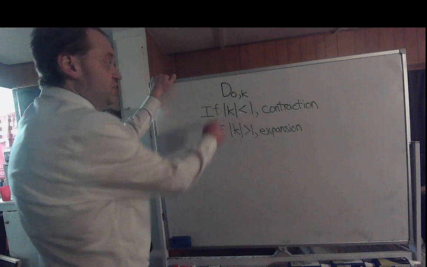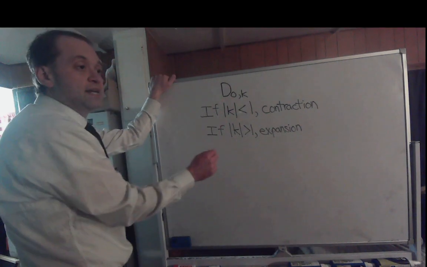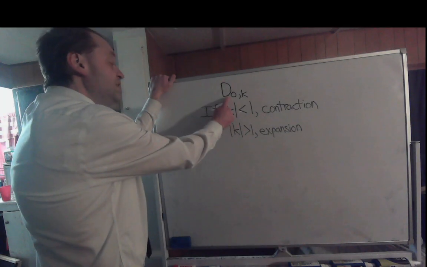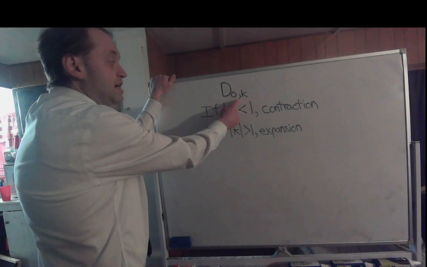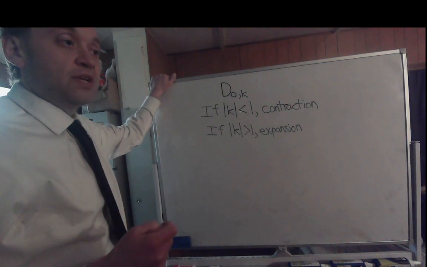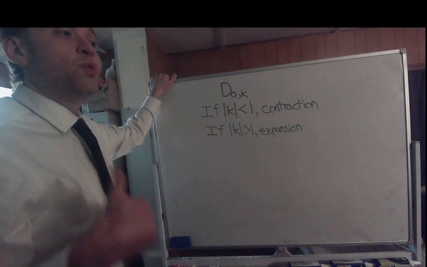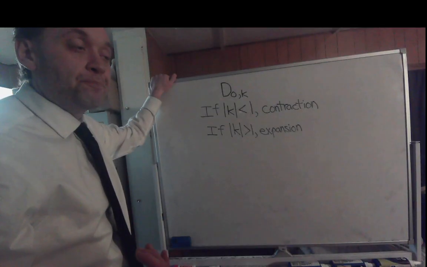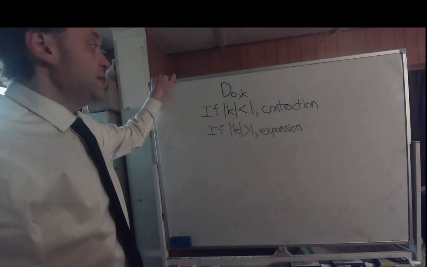Dilation notation, you have D sub O, meaning a dilation at the origin. So you have a dilation at the origin, comma, then the K. That K is the scalar multiple by which you are dilating a point or a shape. So that's what the K means.